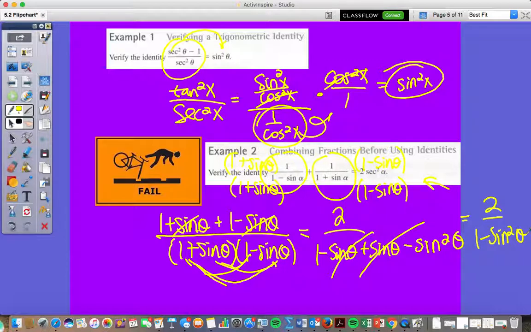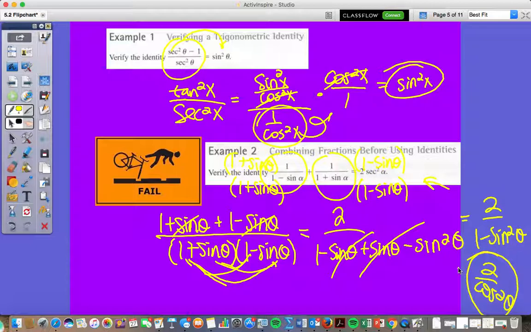So what do we got? 1 minus sine squared equals cosine squared. Great job, Hannah. So we got 2 over cosine squared, which is a little weird. What does that turn into?